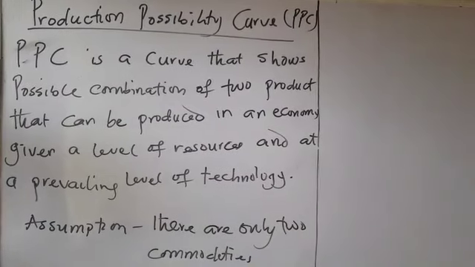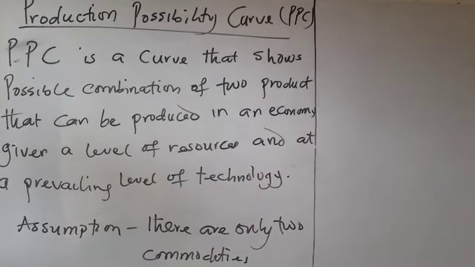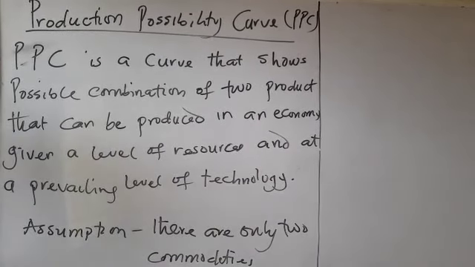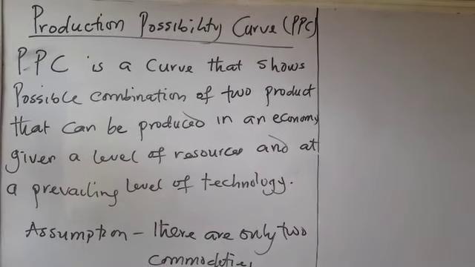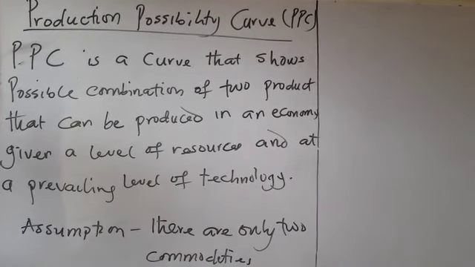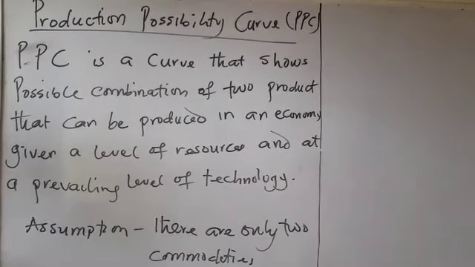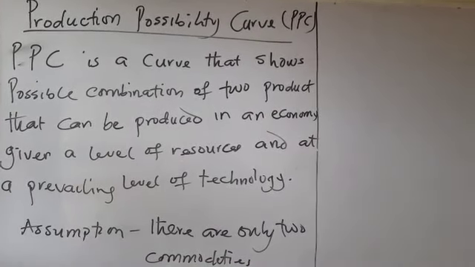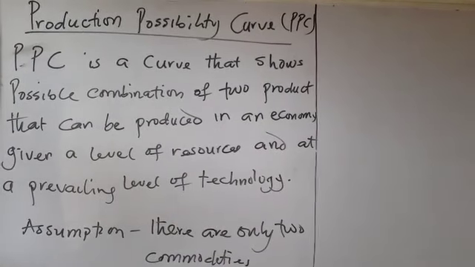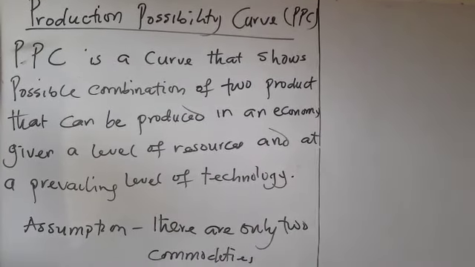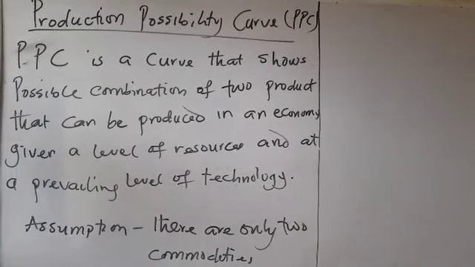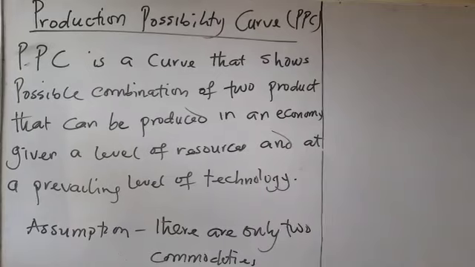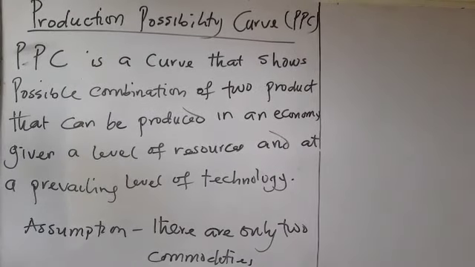For example, in an economy where they produce crops, we may say cash crops and food crops. When we say cash crops, there are so many crops that fall under that category. When we say food crops, there are also so many crops that fall under that category. We may assume that a particular economy is producing commodity X and commodity Y. That is the basic assumption we need to follow to understand what we mean by the production possibility curve.